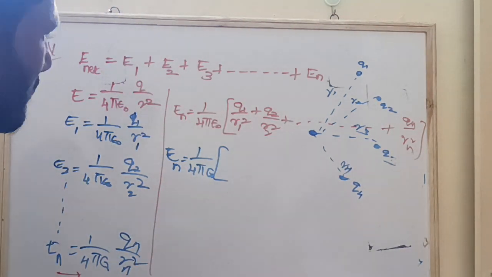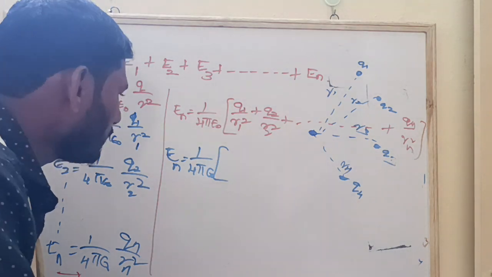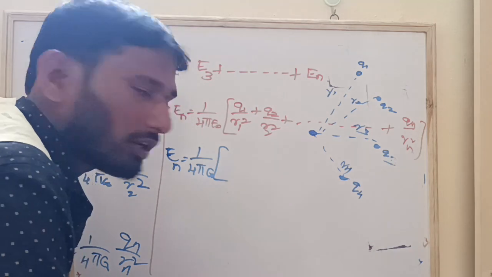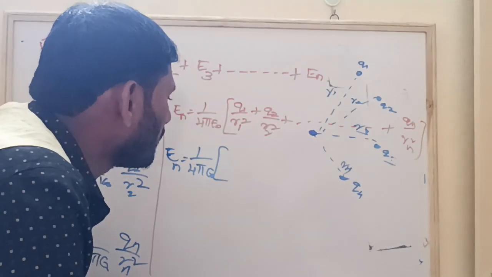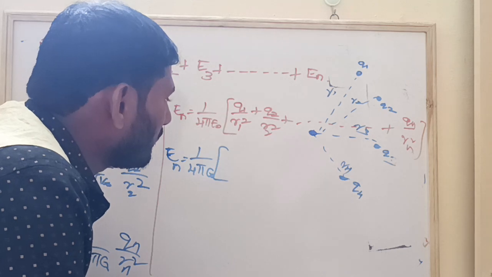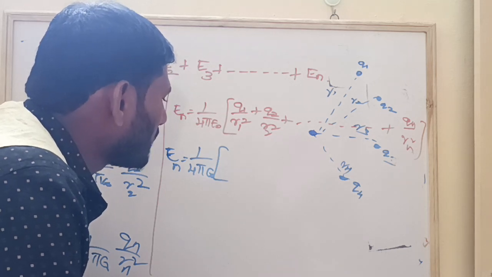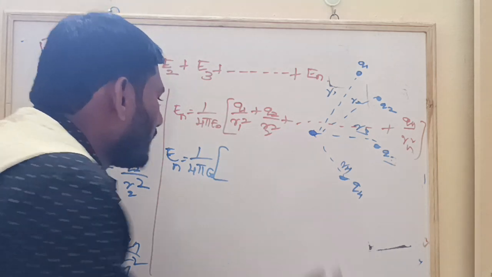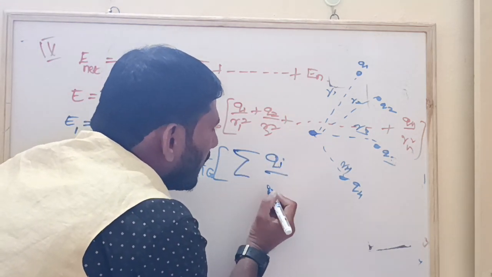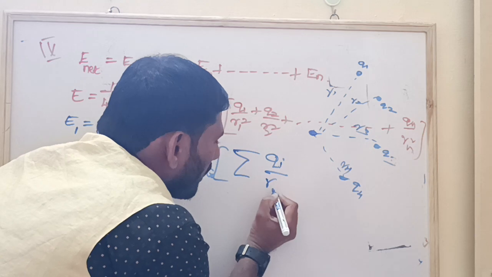If you know the mathematics, this kind of equation is most expected everywhere. Now this can be written in terms of summation, using mathematics, as the summation of qi divided by ri square.